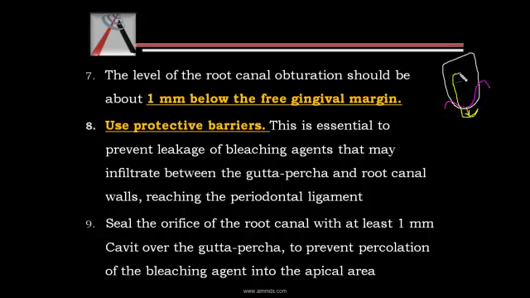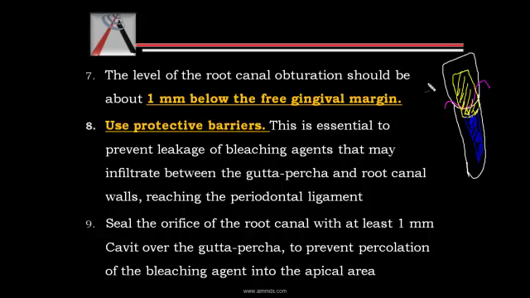So this particular area in relation to the gingival margin is cleared of the gutta percha filling. After that, the protective barrier is used so that these gutta percha which is left behind, so I'll just draw in blue, this is the remaining gutta percha filling, and in yellow we have the empty zone wherein we'll be placing our walking bleach.